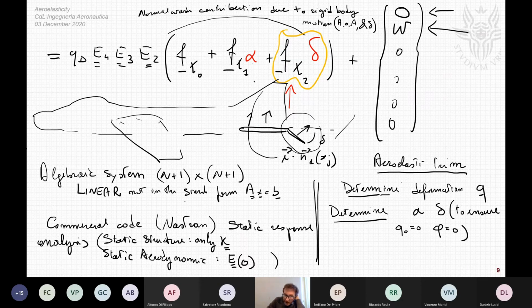Okay, and just as information, for the commercial code Nastran, this kind of analysis is performed by the solver 144, which is the aeroelastic solver in MSC Nastran.